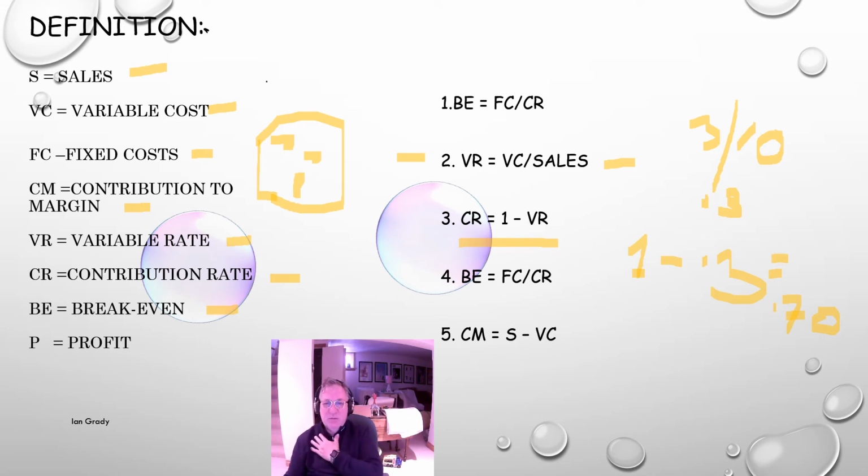So break even. It's here. So it's the fixed cost divided by the contribution rate. So let's say our fixed costs are $100, and we divide that by 0.7. The break even would be, I have to do this in my head, I can't do it in my head.